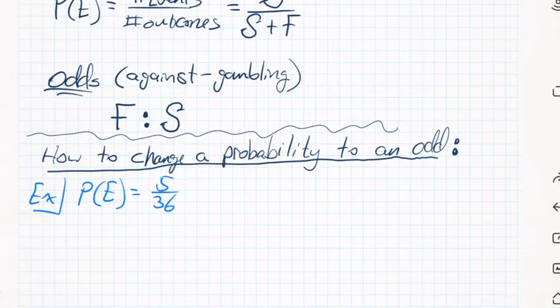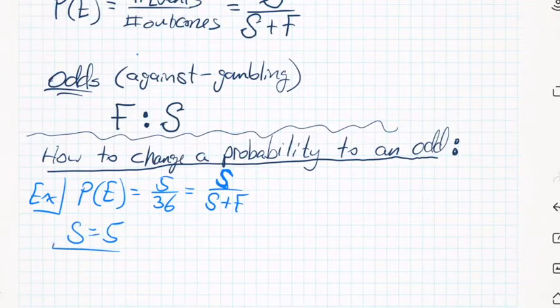Okay, so what we need to do is we need to separate these into successes over successes plus failures. So I need to rewrite this. I told you my S's start looking like 5, so I have to be really careful with them. So I know right off the bat that my successes for this event is 5.